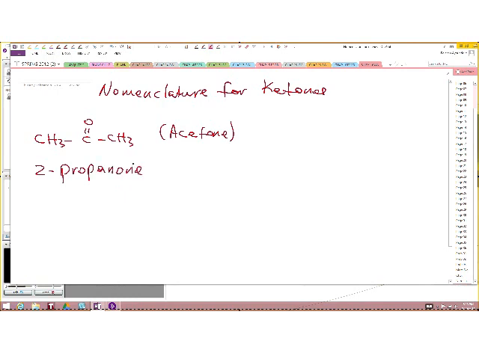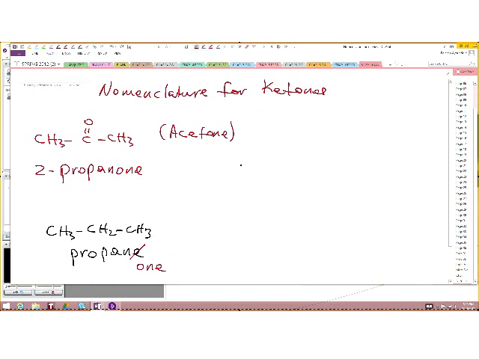As you can see here, the name is also derived from the name of the corresponding alkane. If you recall, the corresponding alkane will be this here, and that name will be propane. So what do we do? We remove the E ending of the corresponding alkane, and we then add the suffix O-N-E. The suffix O-N-E is an indication that you have a ketone in that molecule.